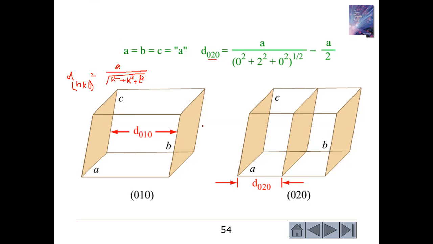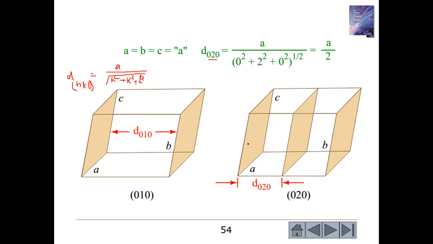Clear? So if you look at here, we do it in terms of lattice parameter. You put in the value of the lattice parameter, and you will find out the distance between two parallel planes in terms of the units in which you have this lattice parameter, whether it's in nanometer or centimeter or meters or whatever, right?